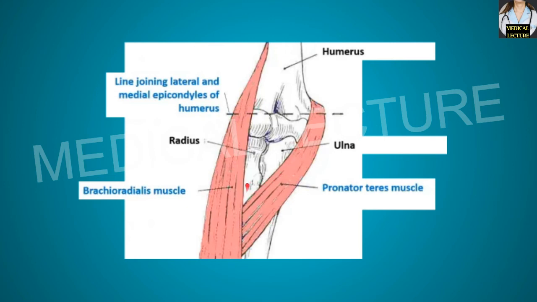The lateral border is formed by the medial border of the brachioradialis muscle, and the base is an imaginary line between the medial and the lateral epicondyle of the humerus bone.